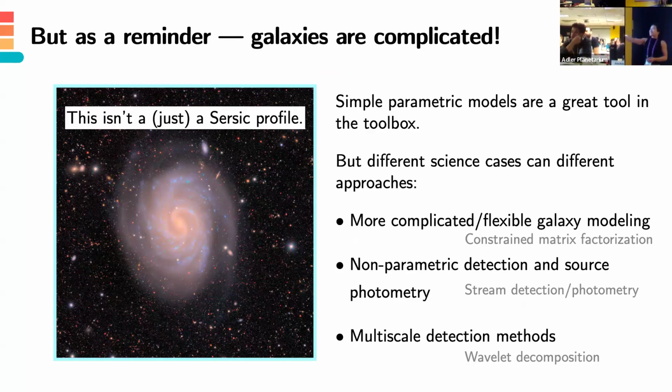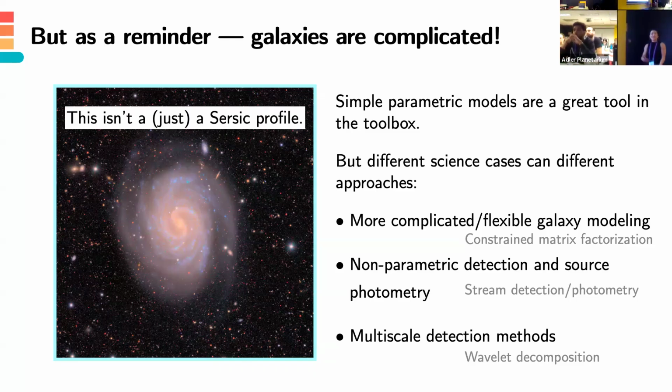But galaxies in and of themselves, as you get to higher resolutions, depart more and more from our simple Sérsic models, which is great because it means that we're learning a lot of new information about these galaxies. We want to be able to see all of this substructure because it tells us something new about these different galaxies. But it also means that we need more complex modeling approaches or more complex photometric methods to really get accurate and precise extended source photometry for these systems.